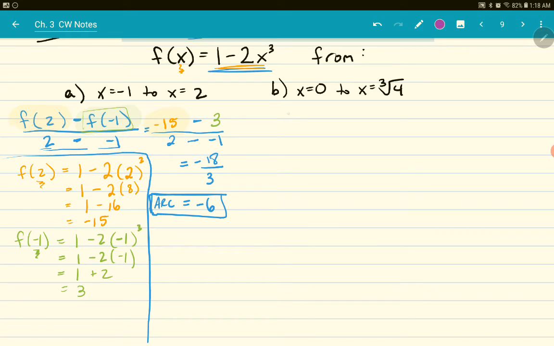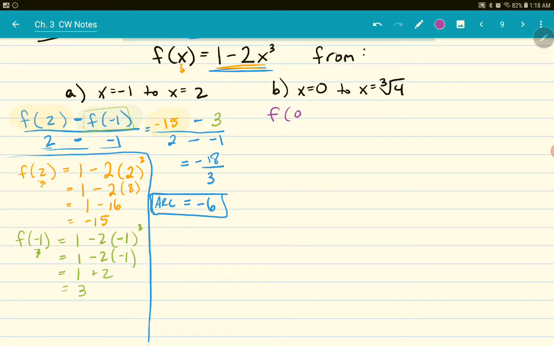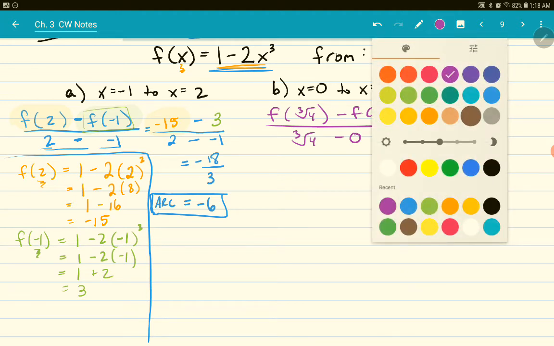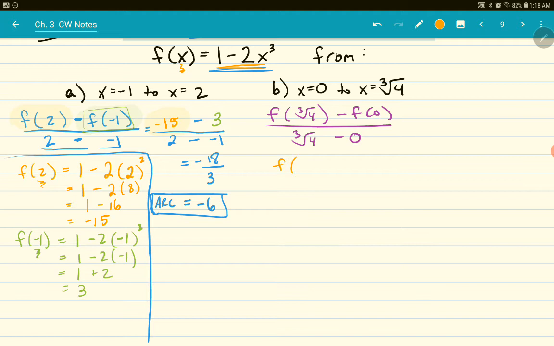So again, I'm going to find my f of cubed root of 4 minus f of 0 all over cubed root of 4 minus 0. So let's first find the f of cubed root of 4.